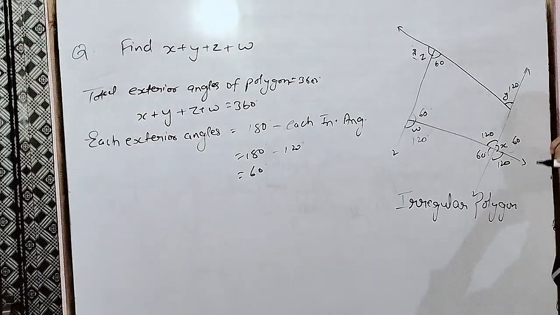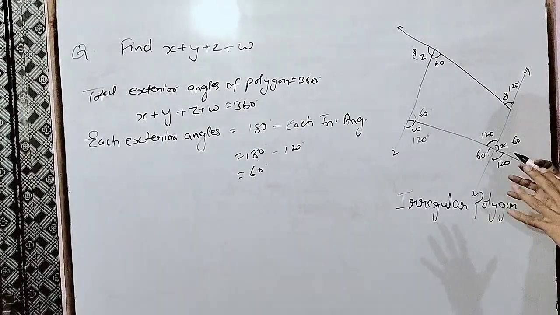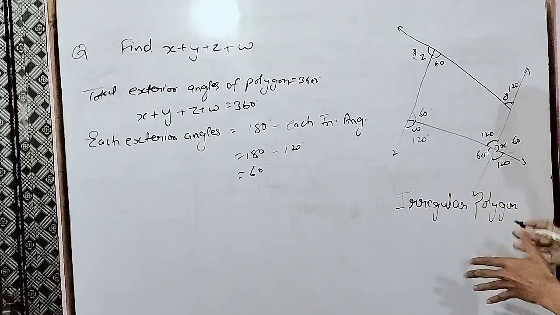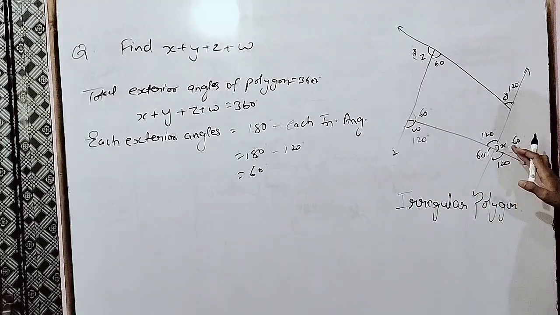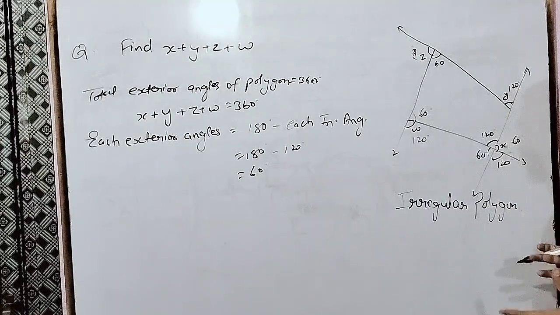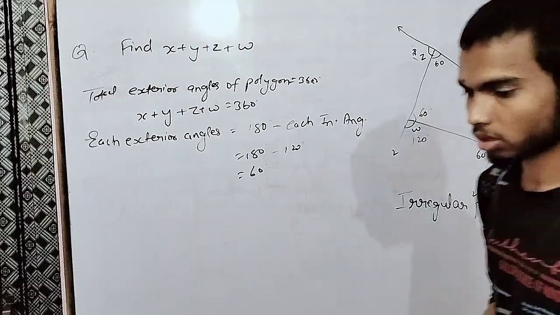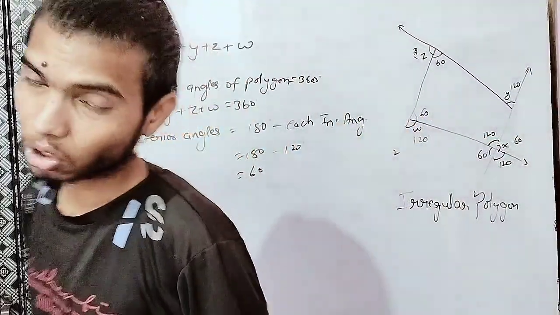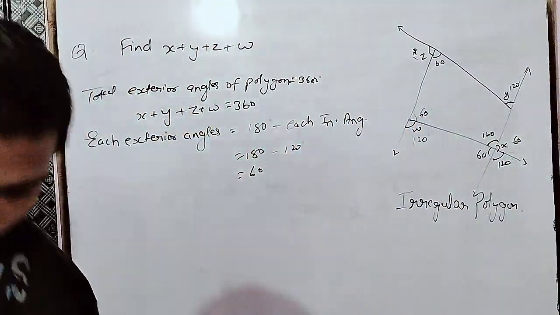Let's say, is this 360 or not? 100, 200, 300, 400. We won't have 360 because this is not a regular polygon. That's why.